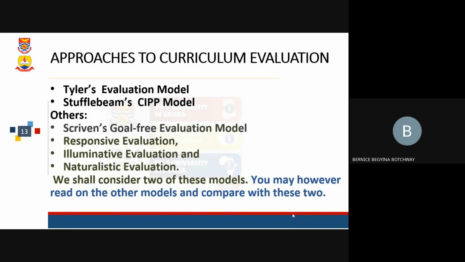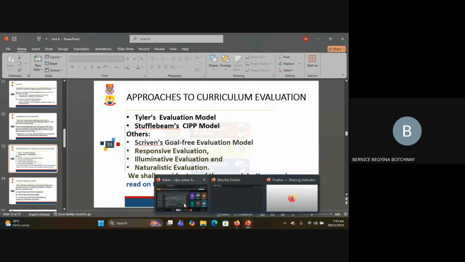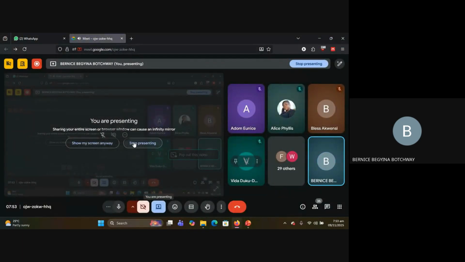Then we have some approaches to curriculum evaluation. Let's stop presenting. Before we move to the approaches to curriculum evaluation, we discussed what curriculum evaluation is, based on some definitions by Einstein, by Hankins, by Sanders, and then the purpose, and then the two ways of doing evaluations.